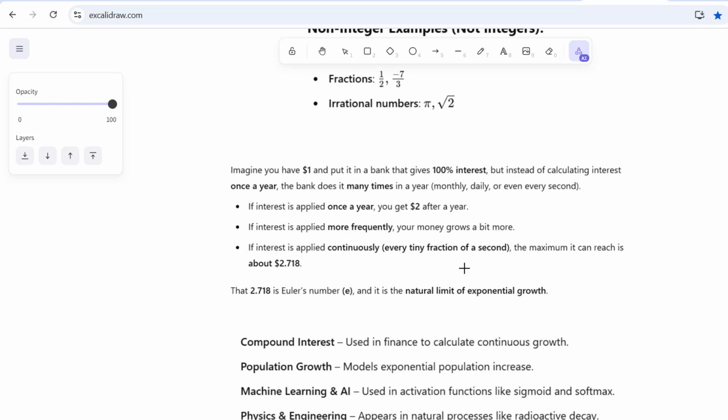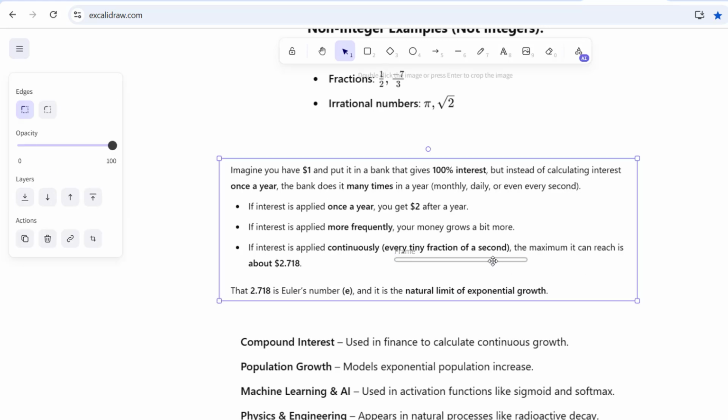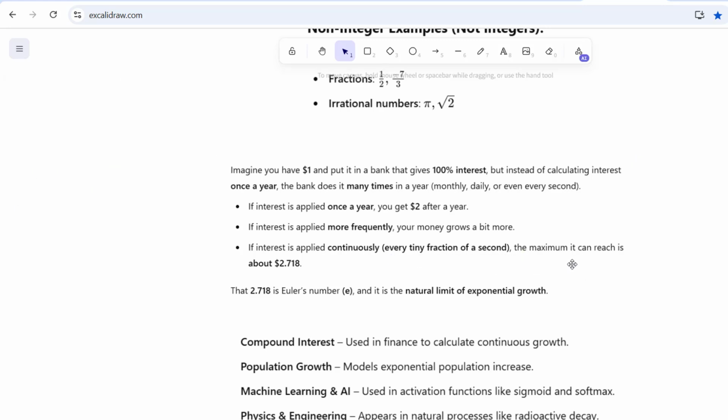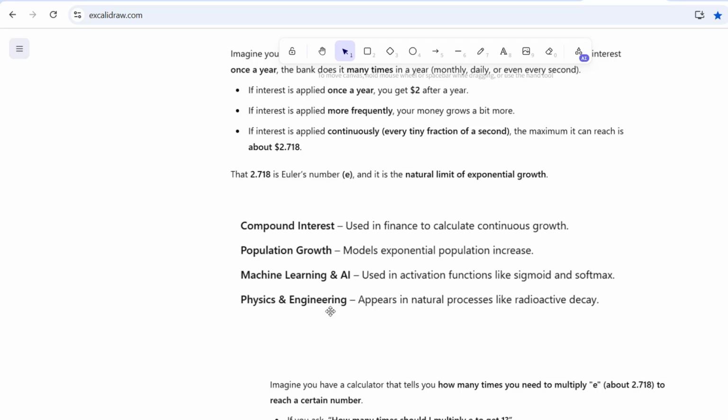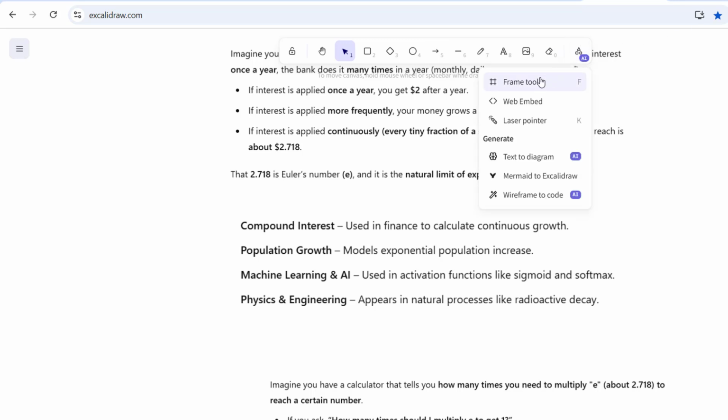If interest is applied continuously, even in tiny fractions of a second, the maximum it can reach is this number. This is Euler's number. Before understanding log, you have to understand Euler's number.